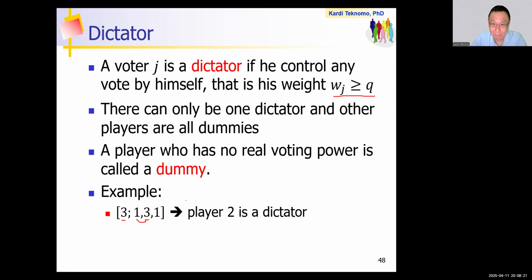So a dictator does not need to win all. Just simply make the weight equal to the quota. As simple as that. It does not always mean the dictator takes all.